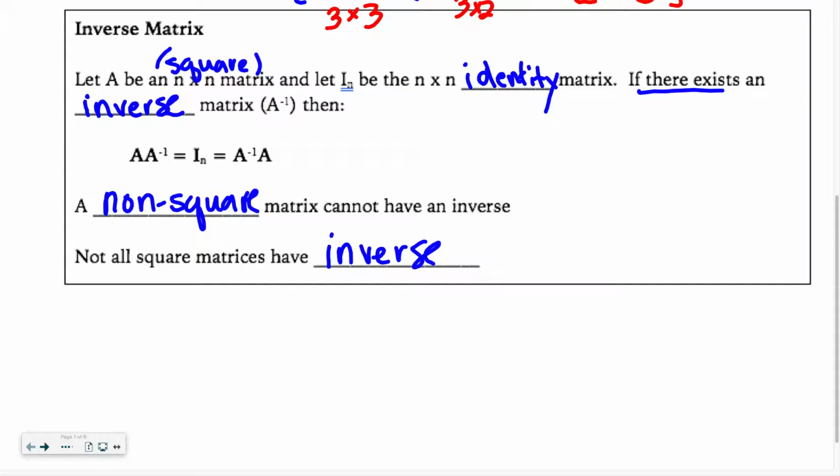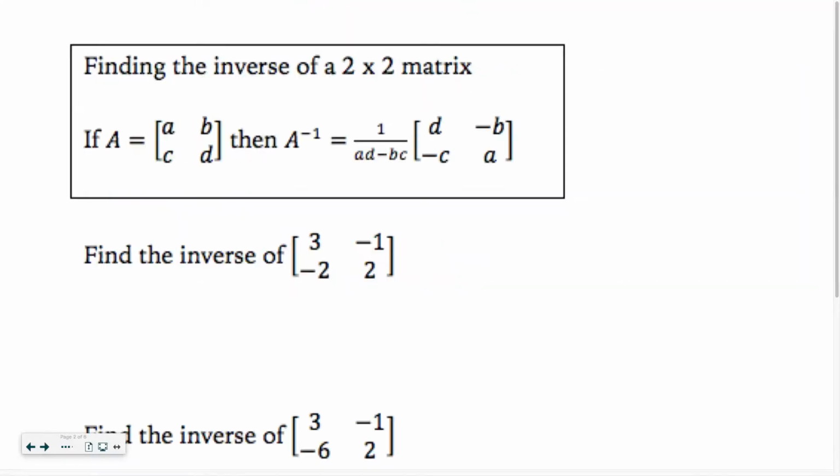Now the next box is about how to find the inverse for a 2 by 2 matrix. You might want to make a little note that this is going to be no calculator. 2 by 2s, I can ask you to do by hand without a calculator, and you use this little formula or setup.